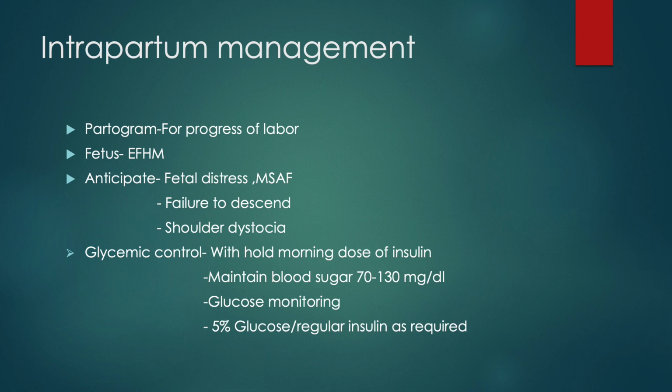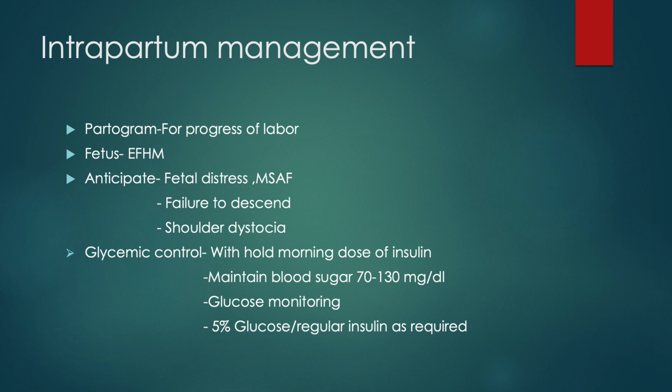So you have to check the blood glucose level frequently by a glucometer and maintain the blood sugar level between 70 to 130 milligram per deciliter. And remember, we withhold insulin. If the patient is on insulin, the morning dose of insulin will be withheld on the day of labor or on the day of induction.